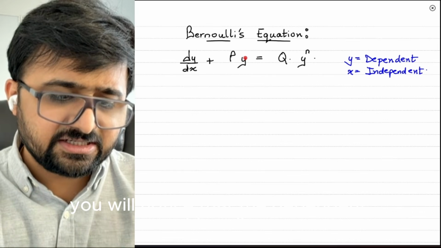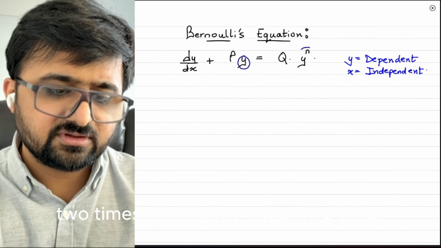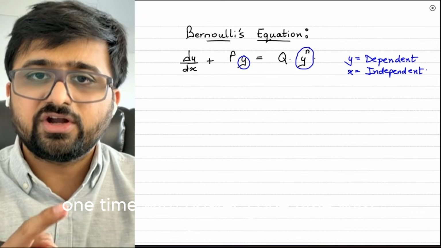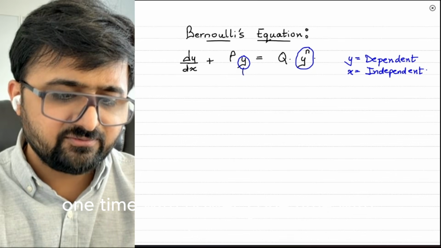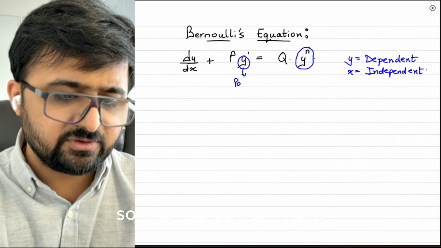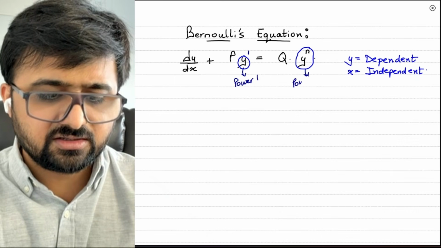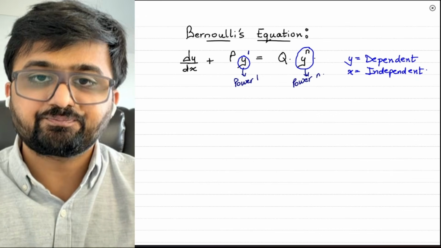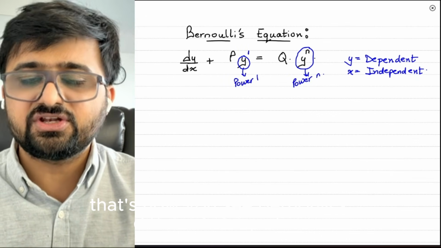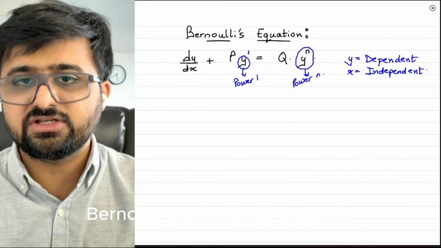You will notice that the dependent variable will occur exactly 2 times: one time with power 1, and one time with power n. That's how you identify Bernoulli's differential equation.